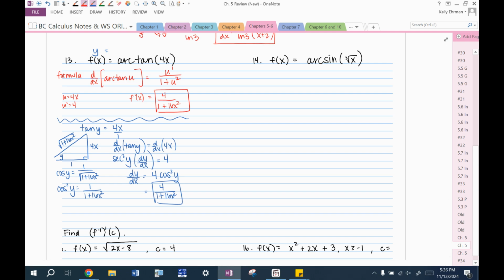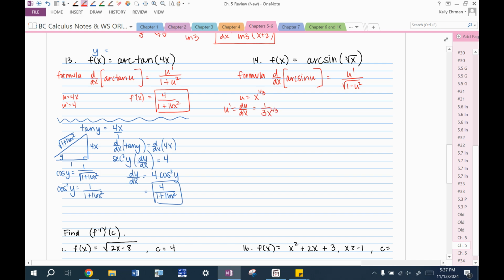Okay, what is the formula then for the derivative, with respect to x, of arc sine of u? That is equal to u prime over square root of 1 minus u squared. In this problem, u would be x to the 1/3, cube root of x. du dx, or u prime, would equal 1/3 x to the negative 2/3.